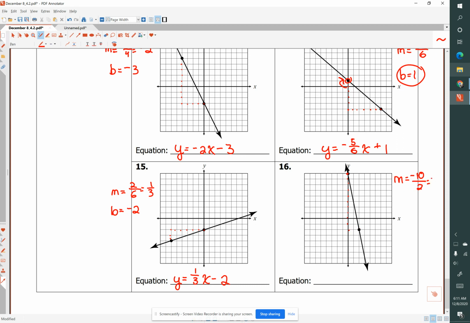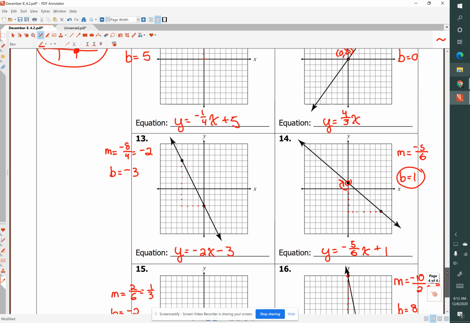And that simplifies to negative 5. So our slope is negative 5, and our y-intercept is, this is our origin, our 0. 1, 2, 3, 4, 5, 6, 7, 8. Our y-intercept is 8. So we have an equation of y equals negative 5x plus 8.